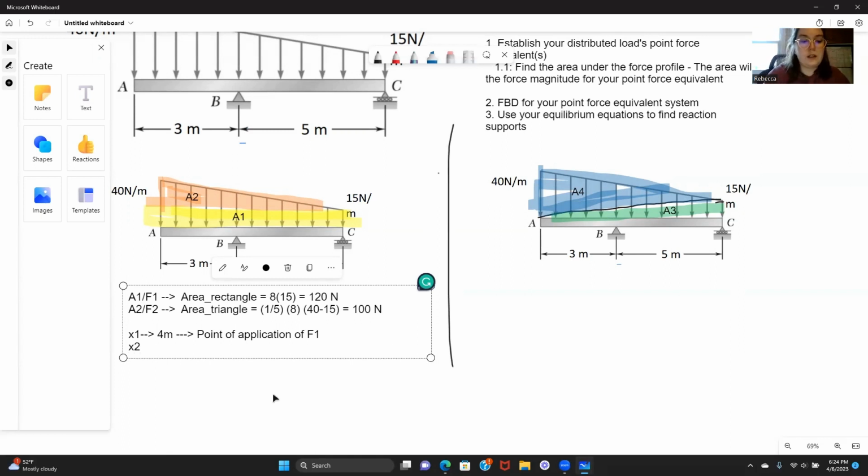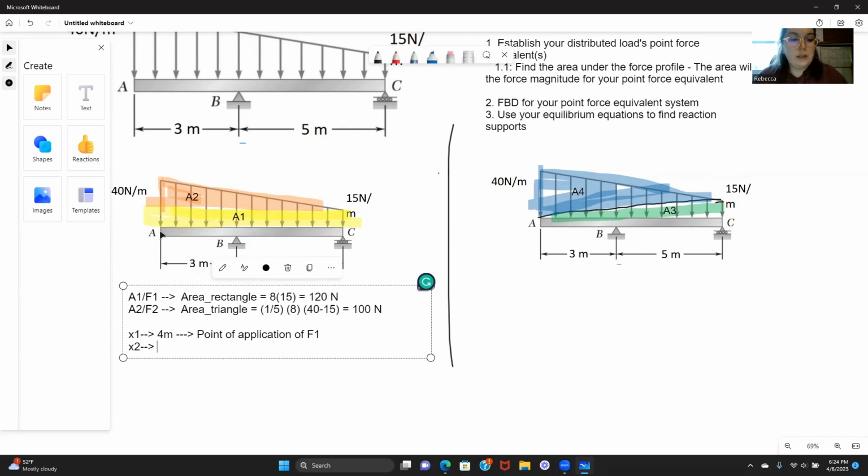For the x-centroid of our triangle, the x-centroid is at the 1/3 mark. It's going to be 1/3 closer to the longest edge.